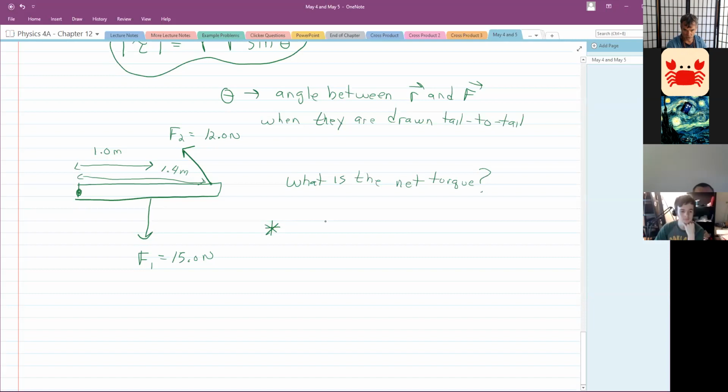So the little shorthand notation is this, and it just says torques that would produce a counterclockwise rotation are positive.